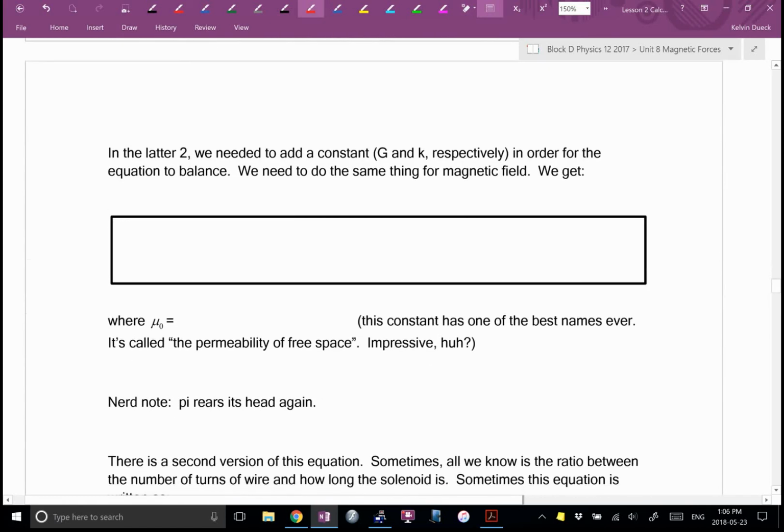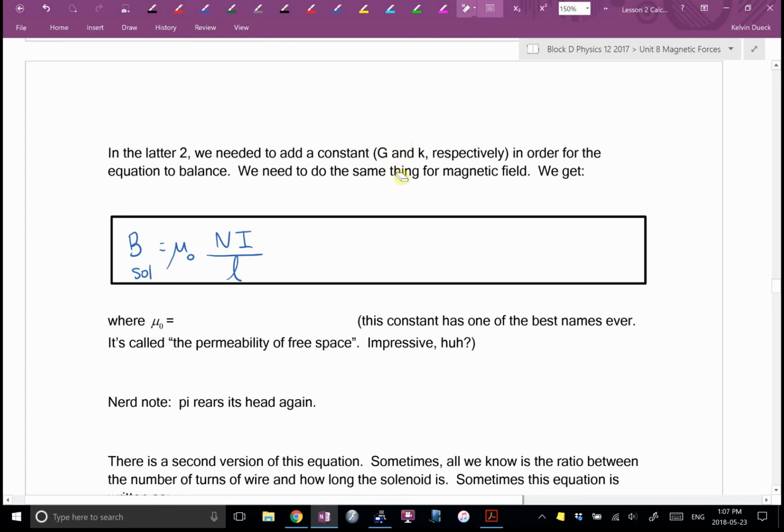So in the latter two equations, we need to add a constant, G and K respectively. We need to do the same thing for magnetic field. The magnetic field inside a solenoid is equal to mu naught, mu zero. I had a British physics teacher, and so I call it mu naught, times N times I over L.